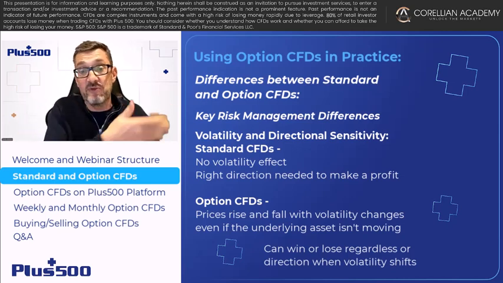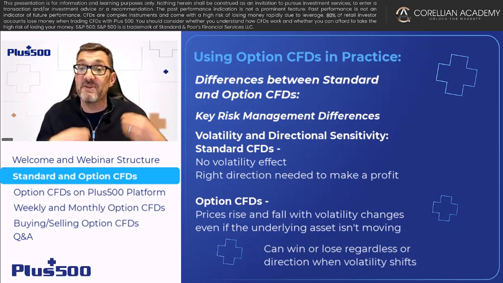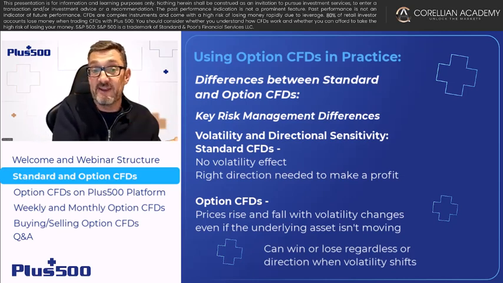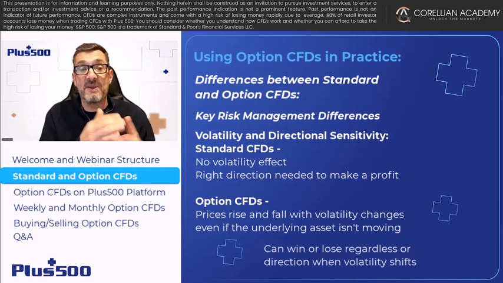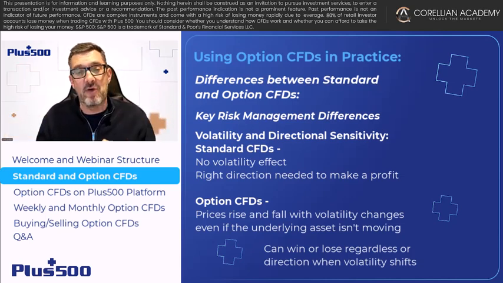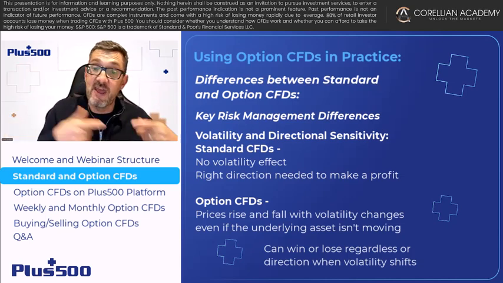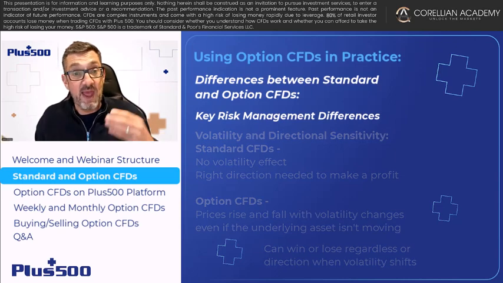If volatility falls, the option premium can drop. This means you can be right on direction but still lose money because volatility collapsed. Or you can be wrong on direction but still make money because volatility has spiked. Volatility is a second layer of risk and opportunity that standard CFD traders never have to think about.